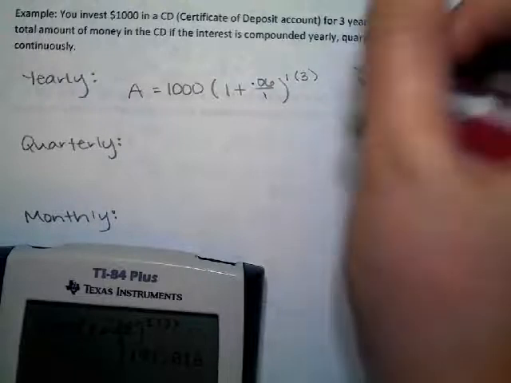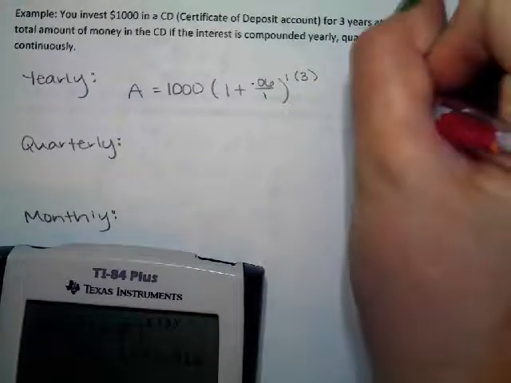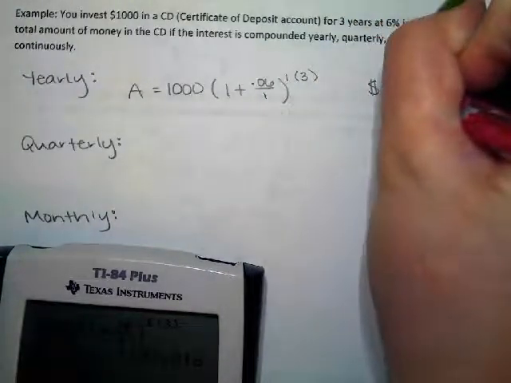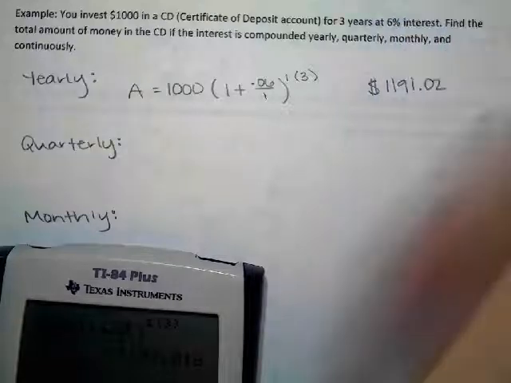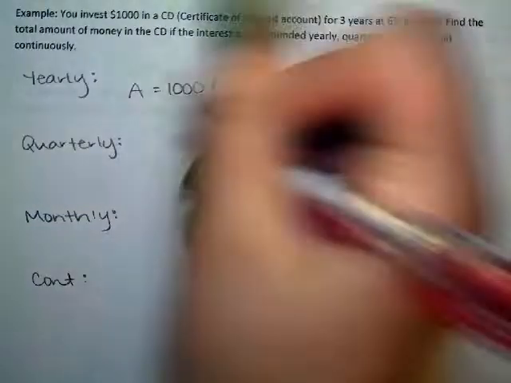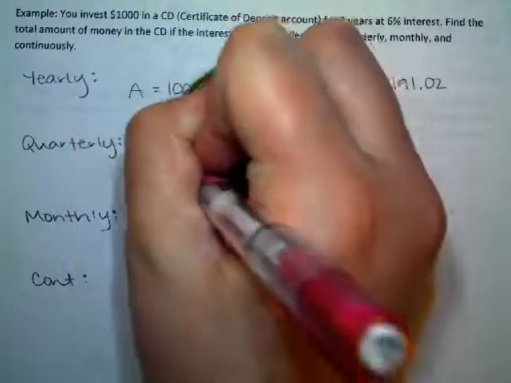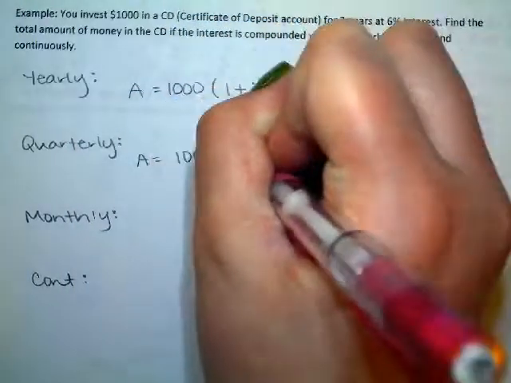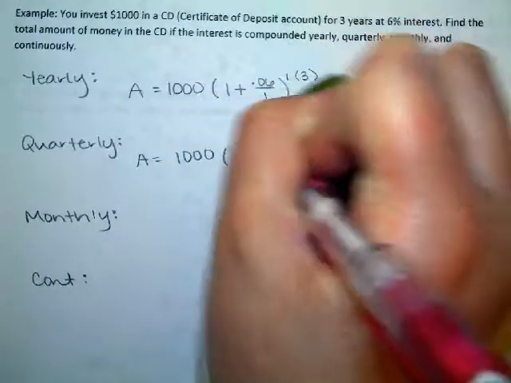Okay, quarterly, 1,000, 1 plus 0.06, and then what would we put for quarterly? 4. Okay.